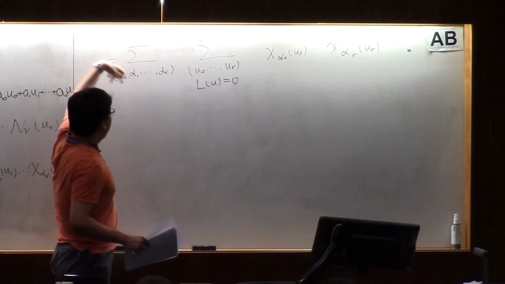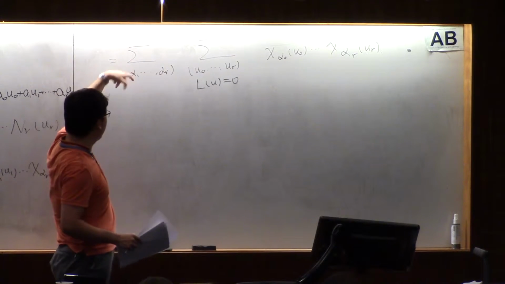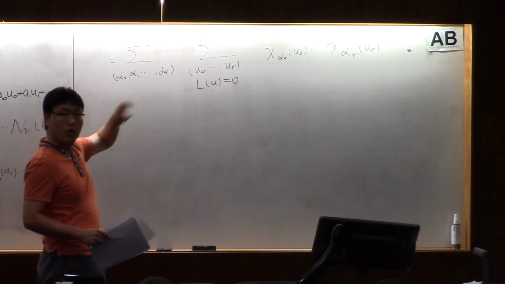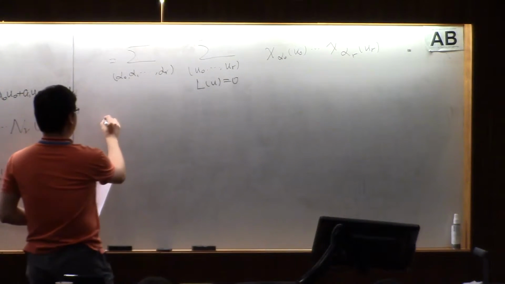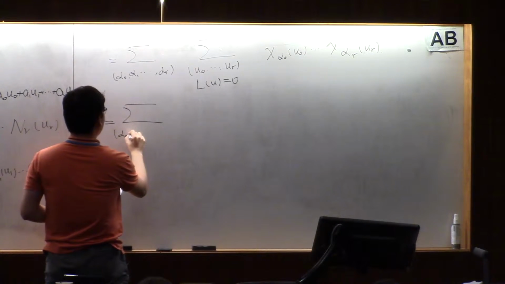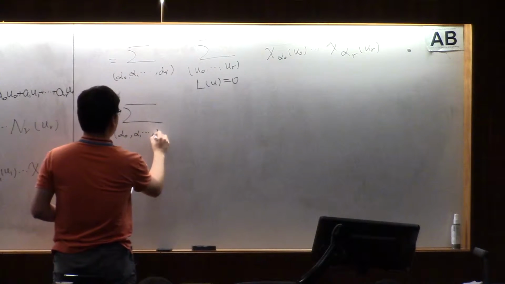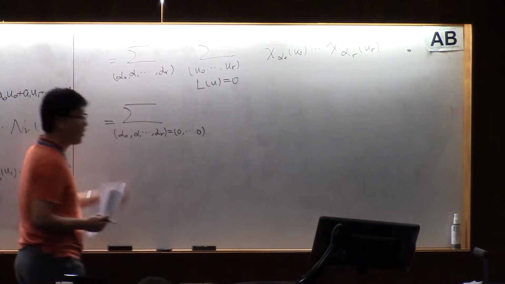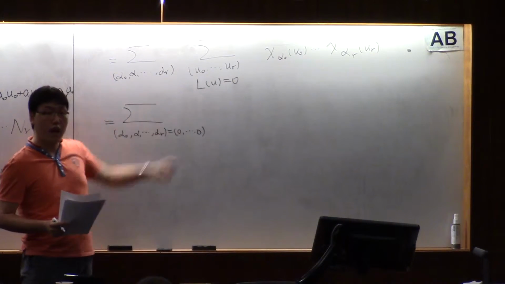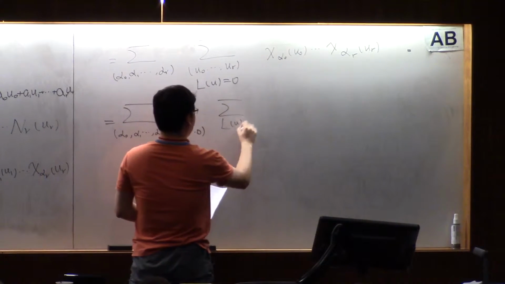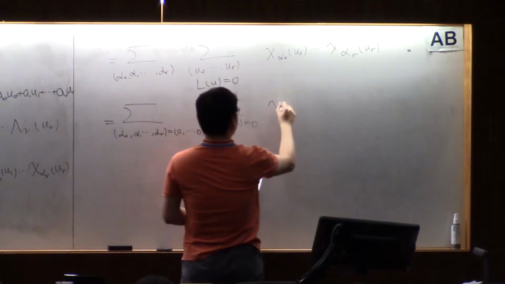Then, in the outer summation, we can divide all these r plus 1 tuples into 3 cases. The first case is all these alpha i's are 0, and then you take the inner summand.